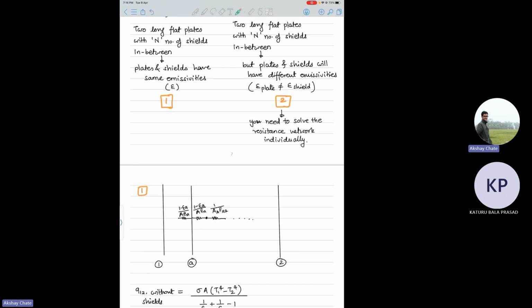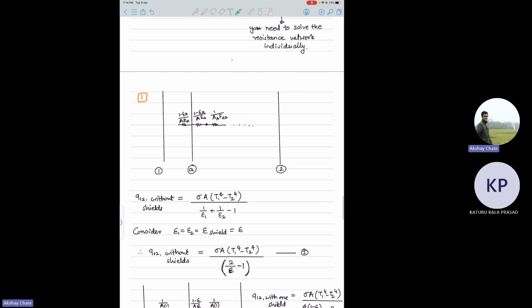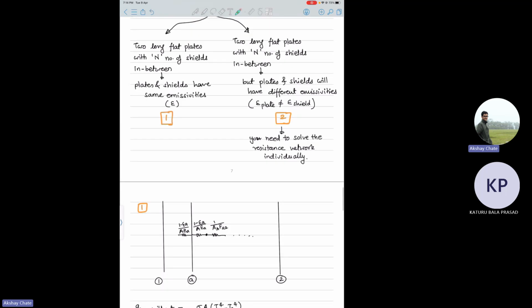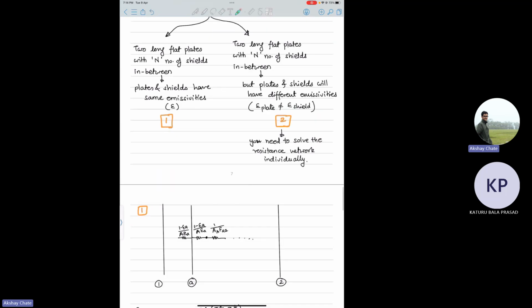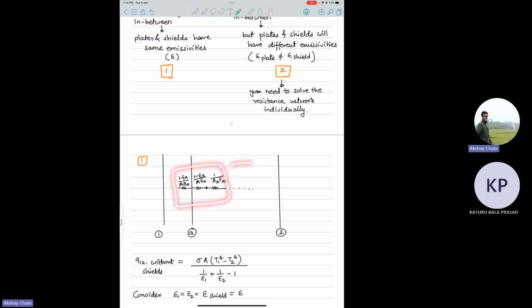So in that case also you can simplify, because then all your resistances will be same, na? The resistances associated with the shields will be same, because they have same emissivities. So that is also a simple case, but I'm talking of a case where each plate has different emissivities and they are not equal to the plates. In that case, you can't do anything. You have to solve the resistance network individually. So I hope that is clear.